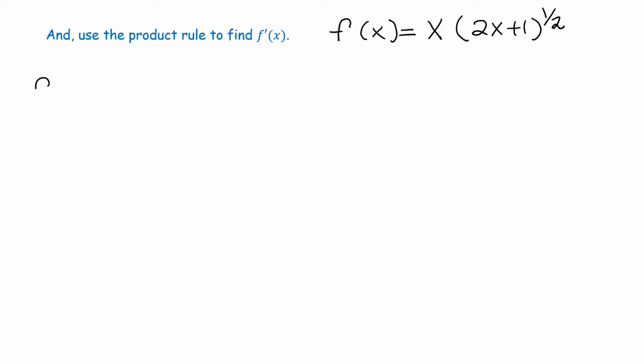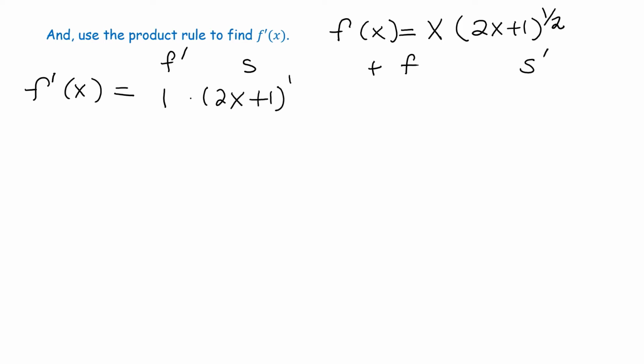Using the product rule, f prime of x is going to be the derivative of the first times the second, plus the first times the derivative of the second. The first function is x, its derivative is 1. The second function, we just copy it. That'll be 2x plus 1 to the 1/2.